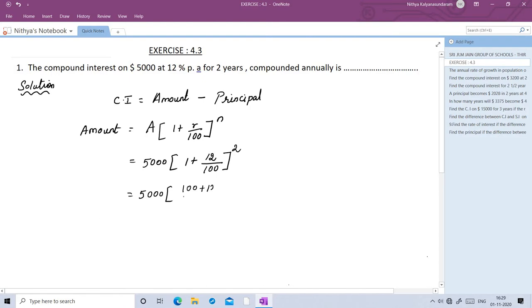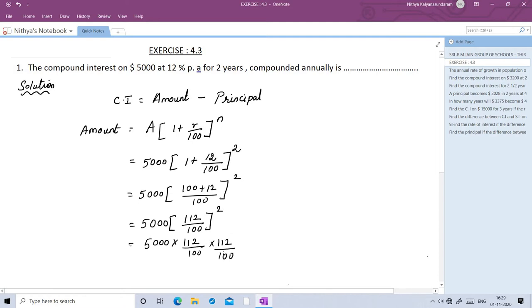So 100 plus 12 divided by 100 whole square. 5,000 into 112 by 100 whole square. So 5,000 into 112 by 100 into 112 by 100.